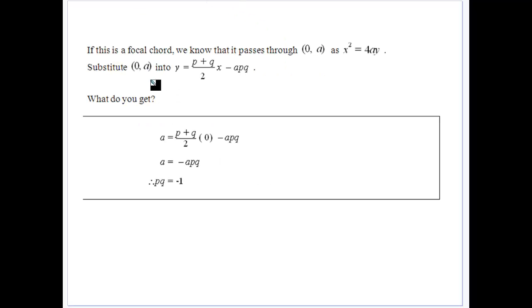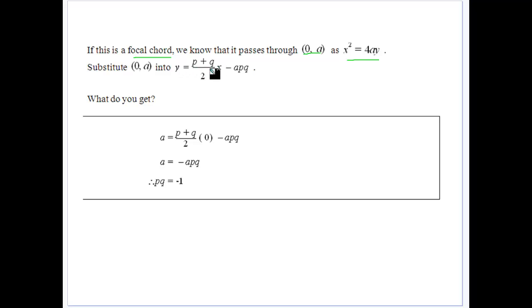So one of the interesting results that comes up, if we know it's a focal chord, now a focal chord is a special type of chord because it goes through the focus. So it must pass through (0, a), because the parabola is x squared equals 4ay. Now if that's the case and we substitute (0, a) into this equation, then let's see what happens. Well, we get y is equal to a, x is equal to 0.